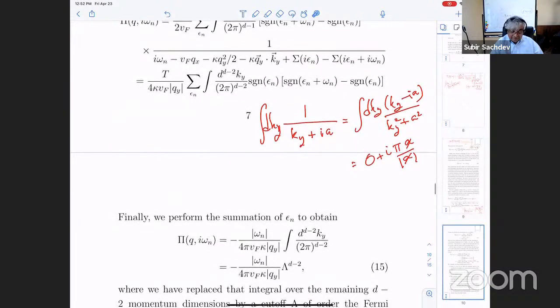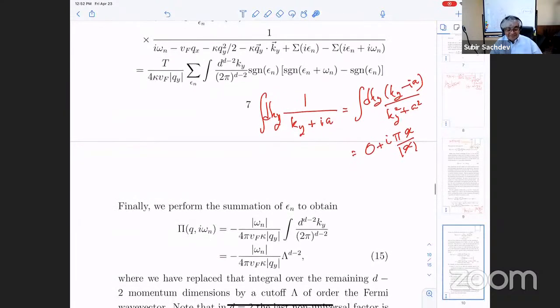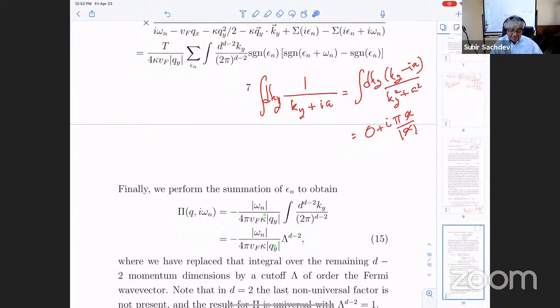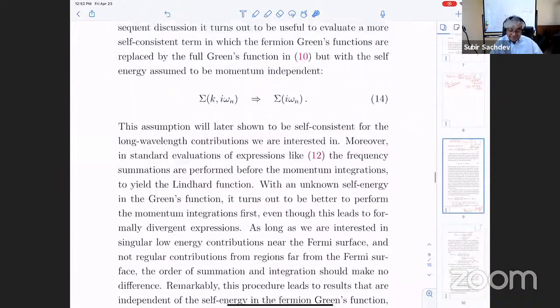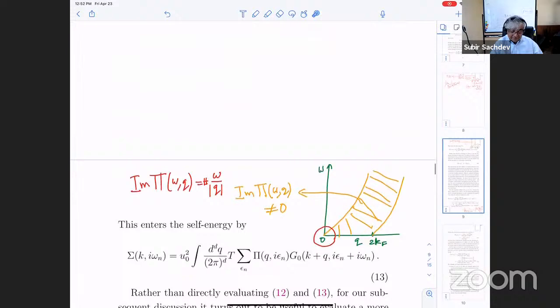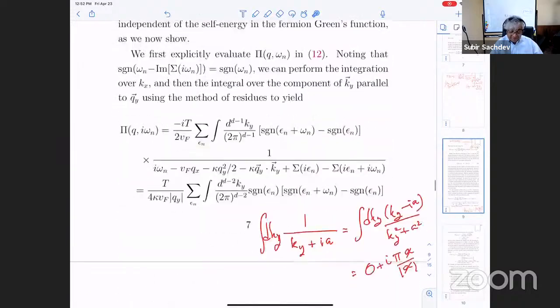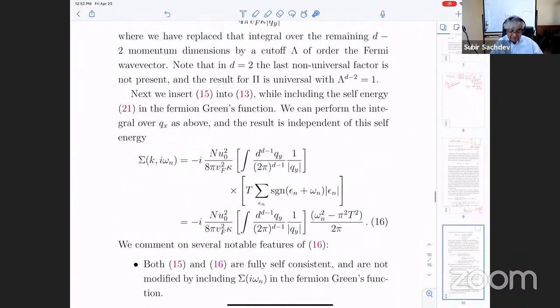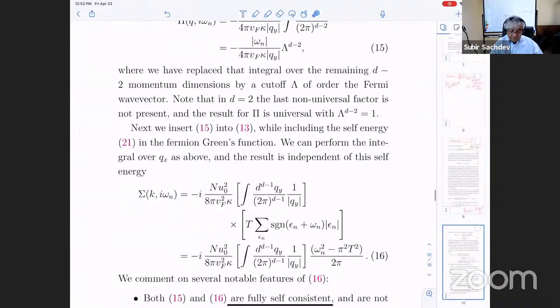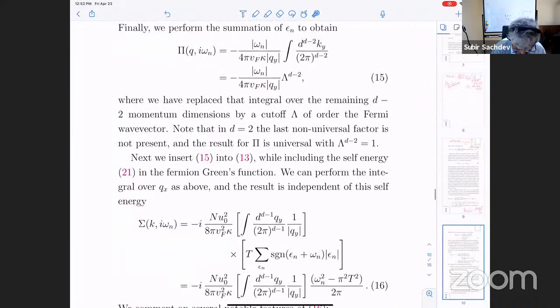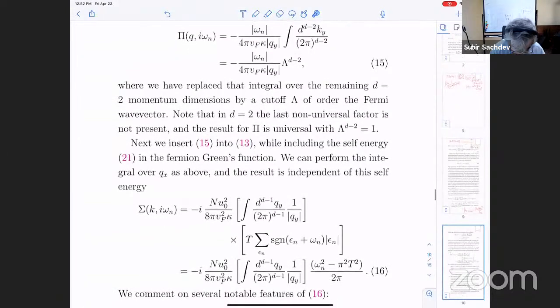All right, so now proceeding in the same way, you put this mod omega over qy here, and now you apply the same trick to this expression. So pi becomes mod omega over q. You know what g naught is. You plug that in here and play the same tricks. Okay, so now what happens? I have gone a bit too fast.